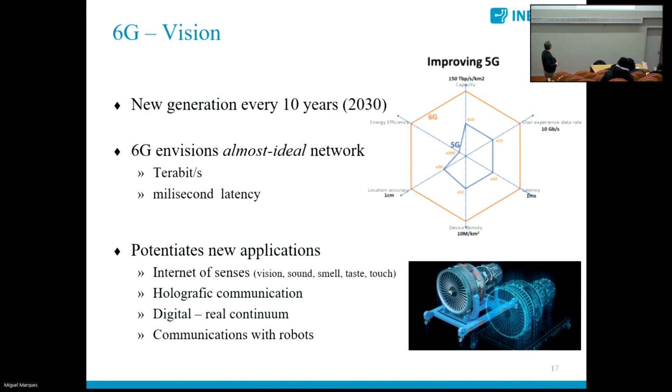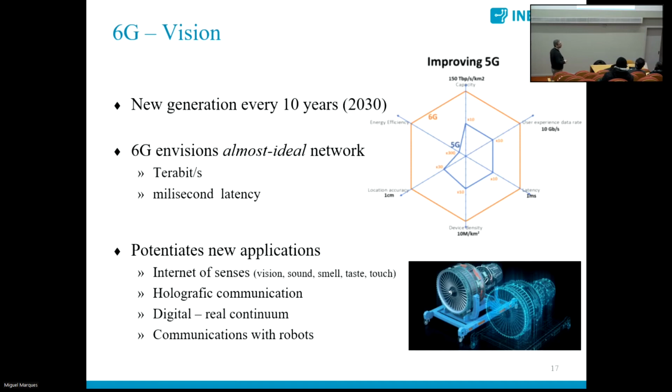10 times. So from our perspective and from the perspective of the networks that we have nowadays, it defines an almost ideal network in the sense that we can provide terabit per second, and we'll have delays for transferring information that should be in the order of 1 millisecond.